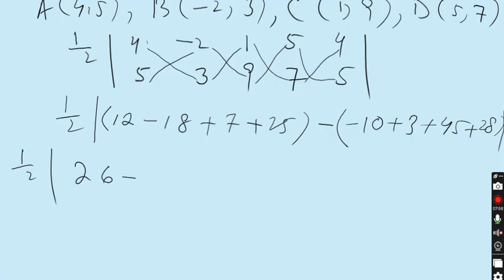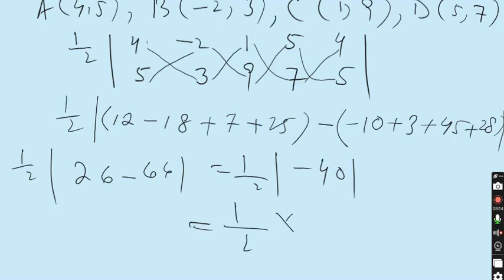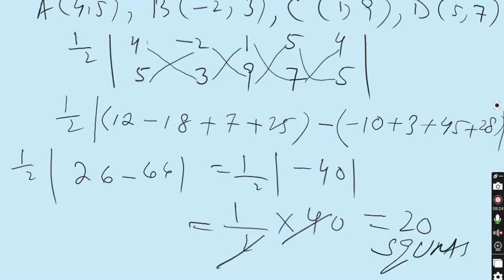Minus 10 plus 3 plus 45 plus 28 is 66. 1 upon 2, 26 minus 66 is minus 40, and area is a positive quantity, so this should be converted to positive 40. 2 into 20 is 40. 20 square units is our final answer.